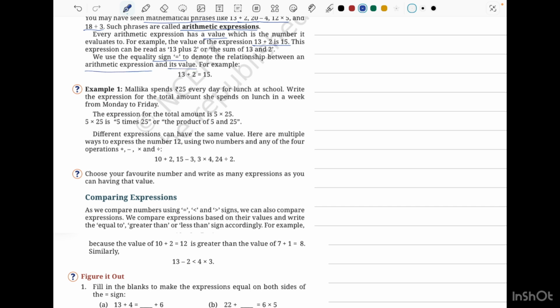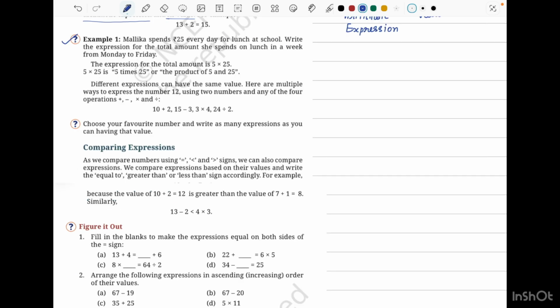For example, 13 plus 2 is equal to 15. So this is an arithmetic expression and this is the value. And here the equality sign is used to denote the relationship between the arithmetic expression and its value.